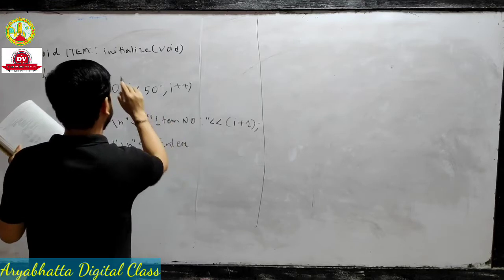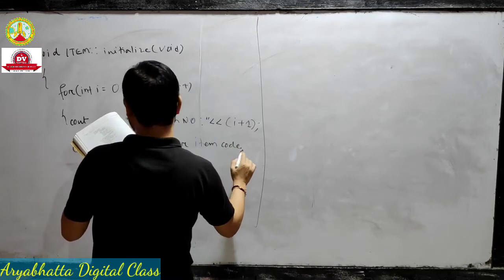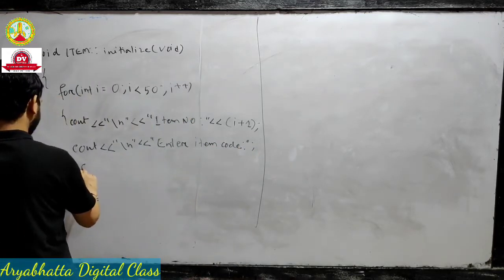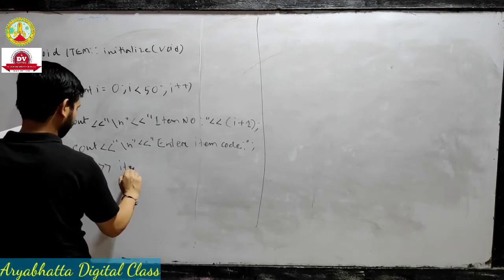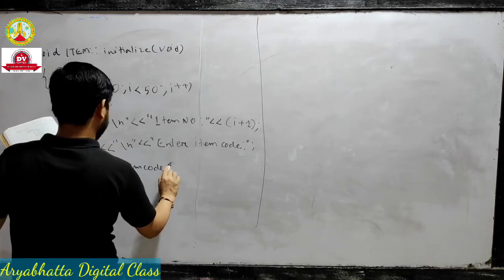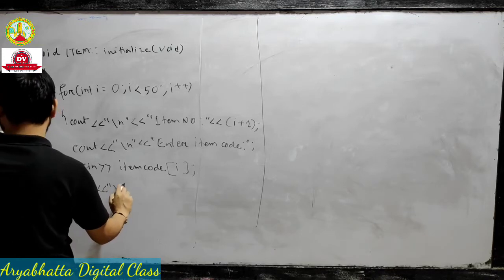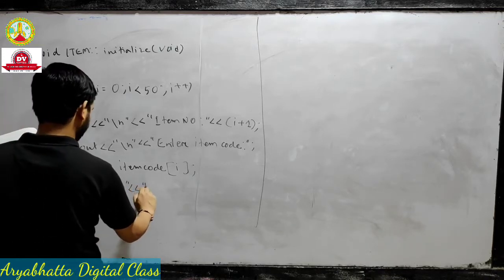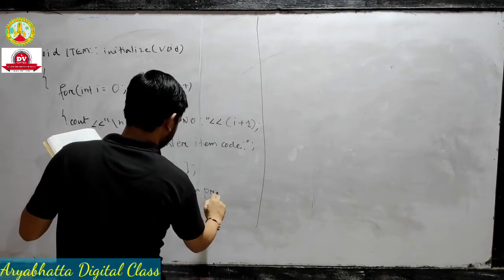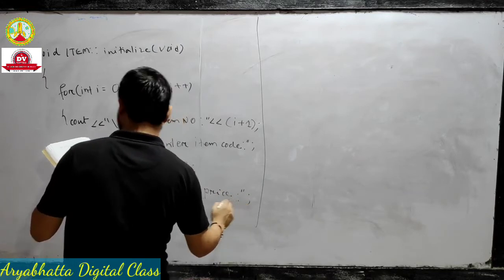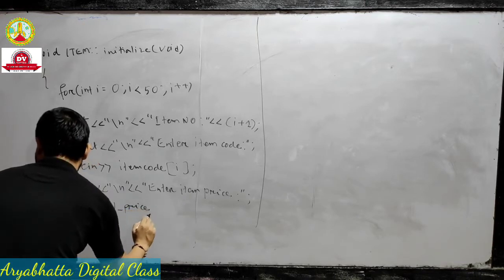This initialize function is only for input purpose. Enter item code. Here we need to take the value: cin item code i. \n enter item price, cin item underscore price i.